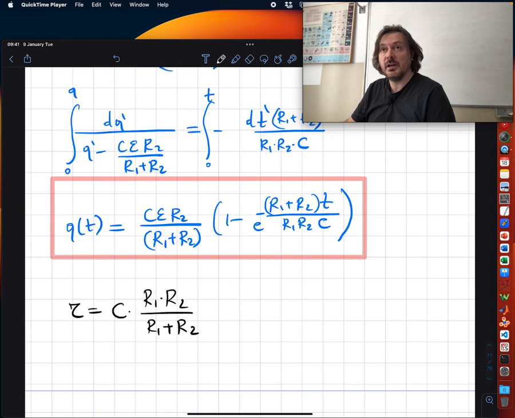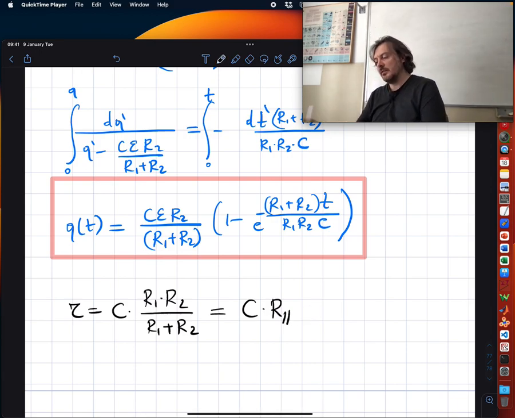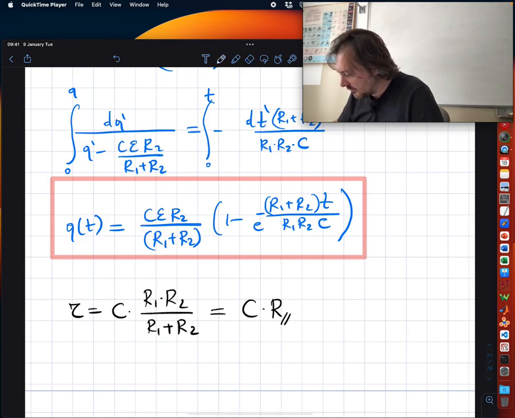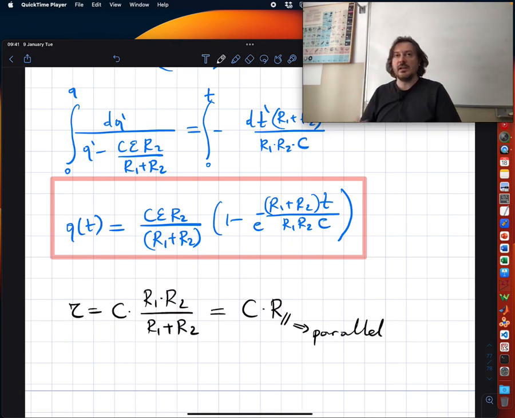R equivalent when R1 and R2 are parallel. So this is C times R equivalent for the parallel case. Somehow the circuit acts as if R1 and R2 are parallel, but you can see why that happens only if you know those tricks. So to be on the safe side, use Kirchhoff's rules.